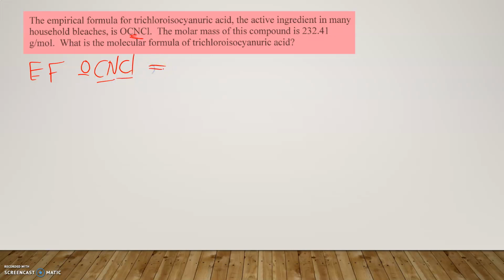The MR for the empirical formula is the molar mass of that empirical compound. And this is the molar mass of the molecular formula that we don't know, which equals 232.41.